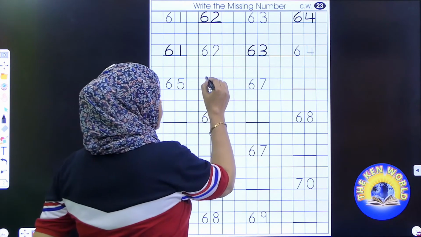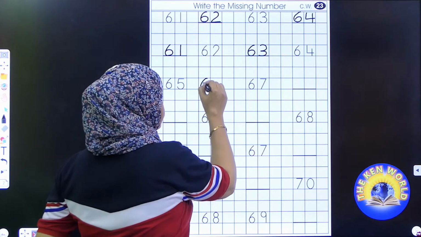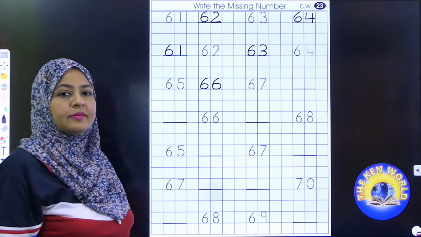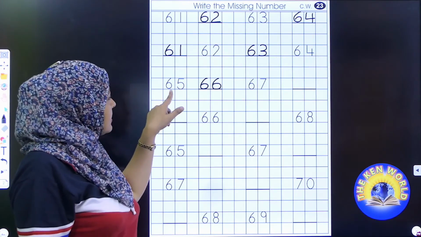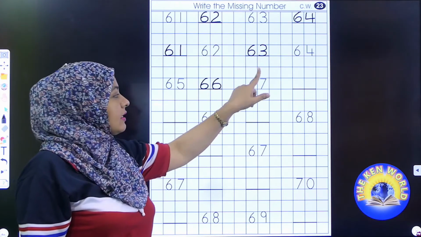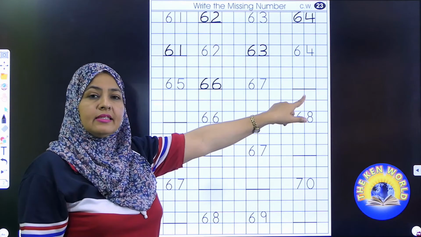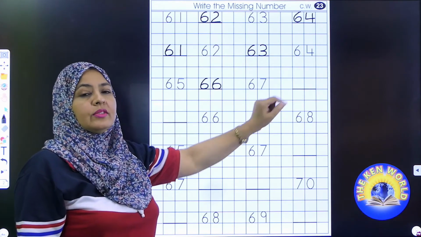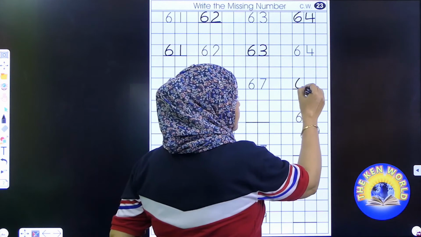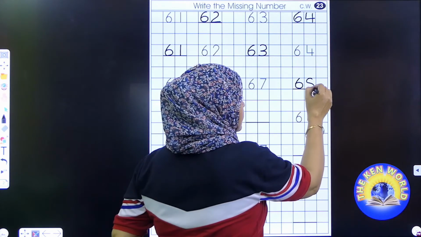So write here 66. 65, 66, 67. The next number is? Very good, 68.